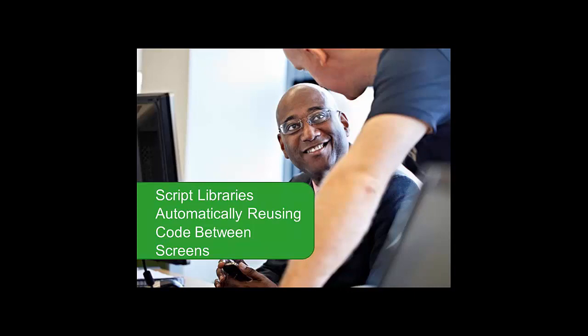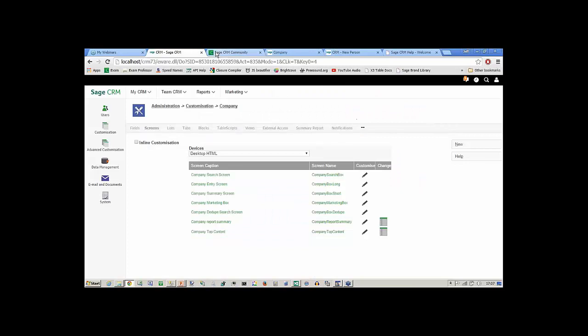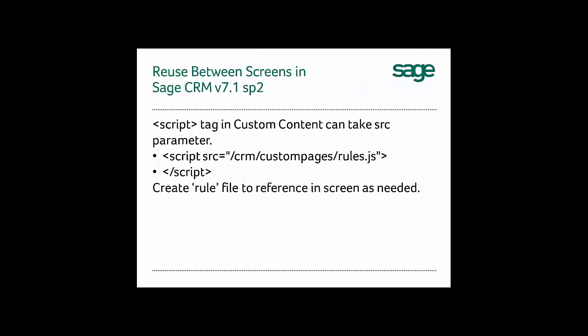Well, this is where we get back to this idea that if we look on any screen, we right mouse click and we view the page source, we see at the top of the page a lot of files being referenced. And I can take this code that we've been evolving and move to the idea of a library file.